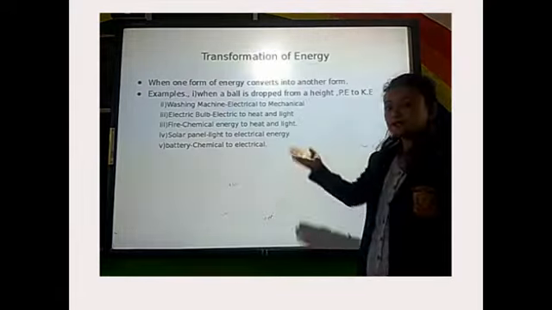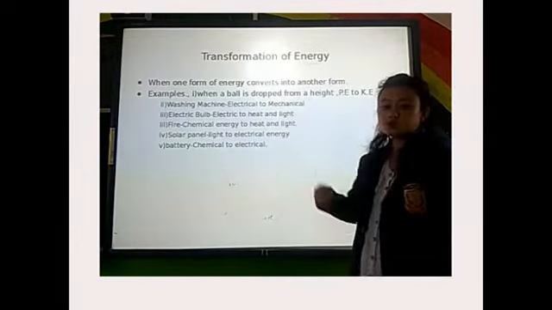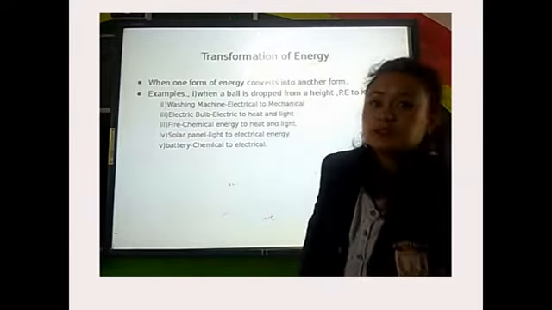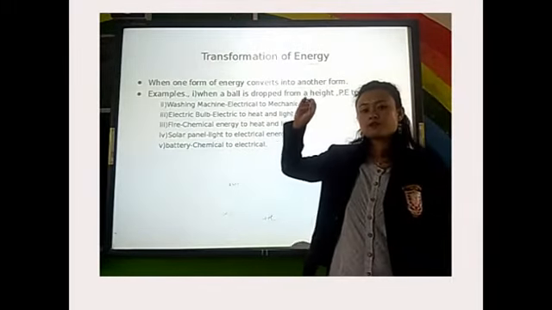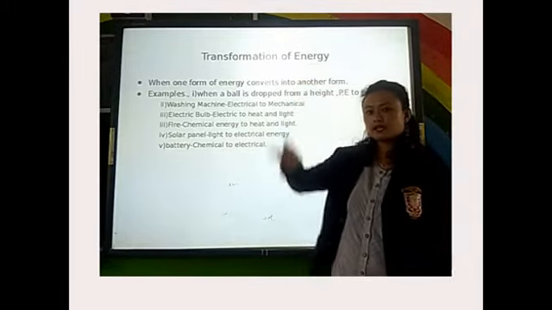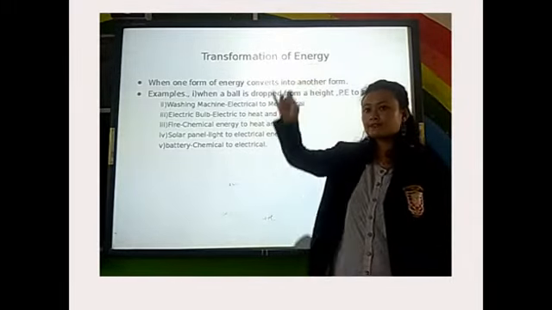The first example that I've chosen is when you drop something from a height. For example, I have this eraser. Now if I drop it from here, when it's lifted up, which energy does it possess? It possesses potential energy because it's at a certain height from the ground.